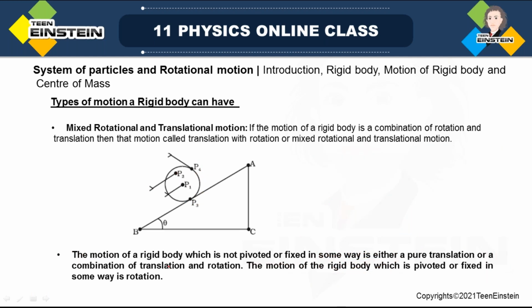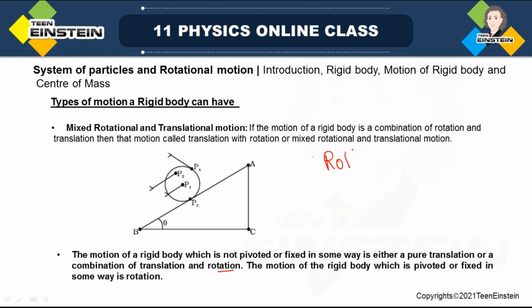Now, there is a nice statement over here. The motion of a rigid body which is not pivoted or fixed in some way is either a pure translation or a combination of translation and rotation. Like rolling motion, there is no fixed point, it is moving.